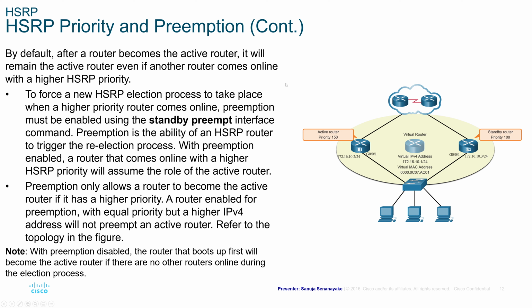So if you have a bunch of routers in an HSRP design and none of them have standby preempt set up, whichever router comes online first becomes the active router at that point.